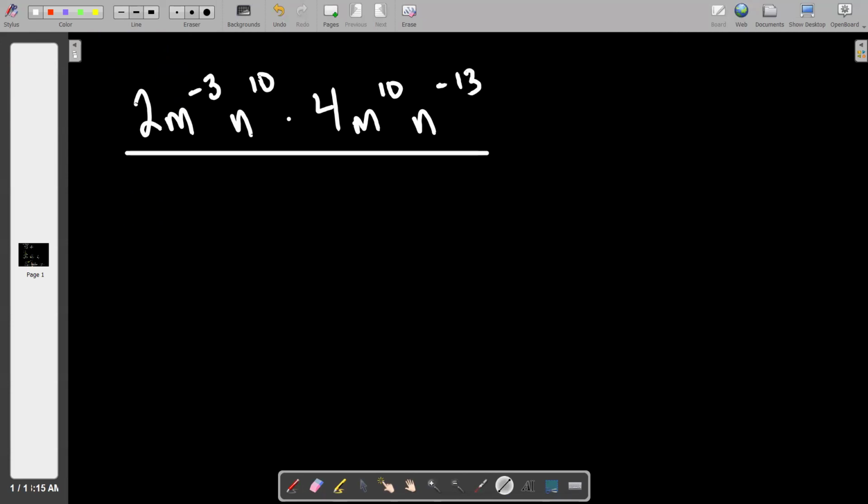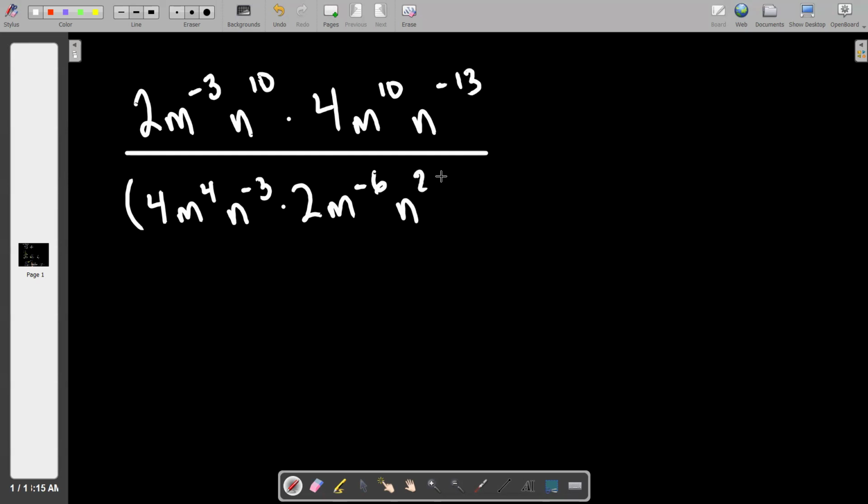And this is all going to be over a parenthesis set. And inside of it, we're going to have a 4m to the 4th n to the negative third times 2m to the negative 6 n to the second. All of that raised to the second.